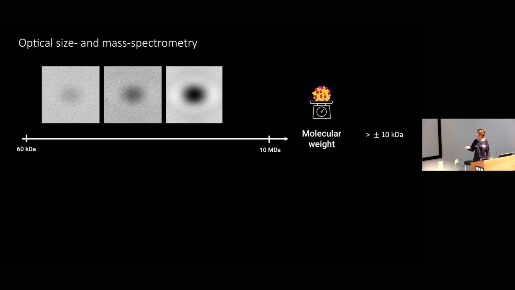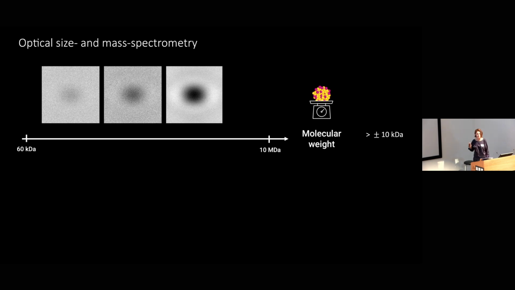It has been shown, for instance by the method iSCAT, that the polarizability of a molecule is linearly proportional to the molecule weight. So by measuring the optical contrast, we can measure the molecule weight on a single molecule level, and at this moment with a precision of about 10 kilodaltons.